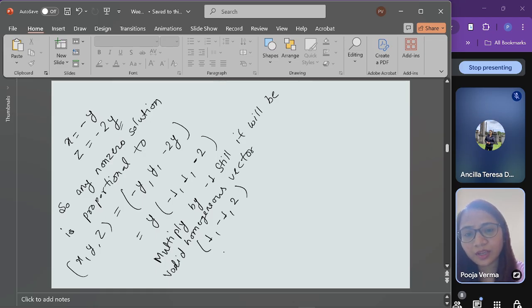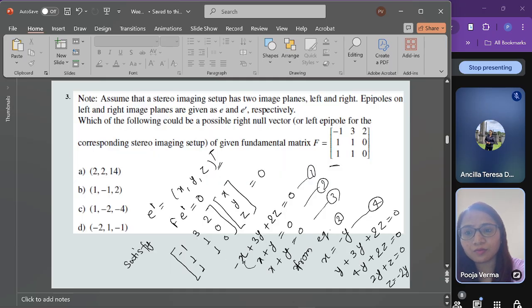So we can just write 1, minus 1 and 2. Just check with the answer. You will get 1, minus 1, 2. So option B is the correct answer for this question. So this is a possible right null vector for the given fundamental matrix.